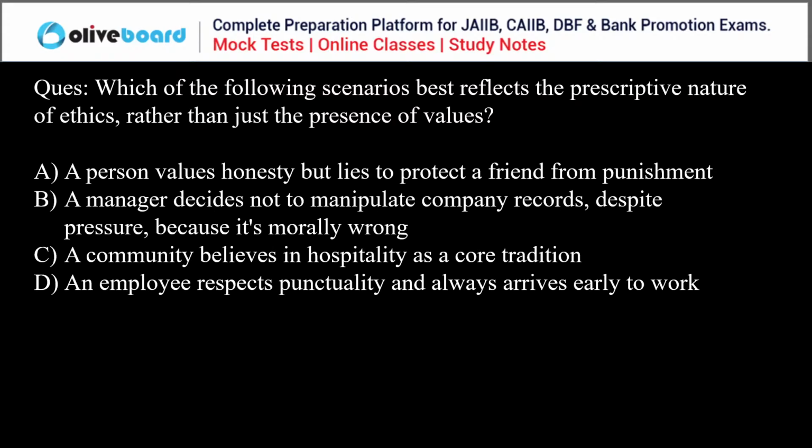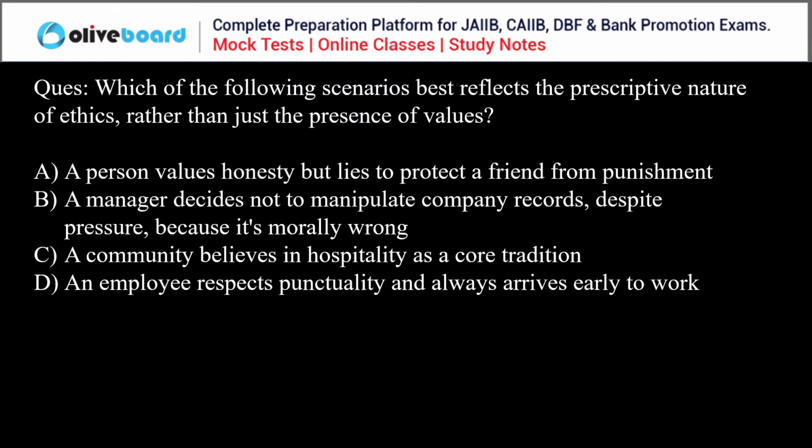So, first, a person values honesty but lies to protect a friend from punishment. That is a conflict between values. It is not a prescriptive decision, right? So A cannot be the answer. Then B, a manager decides not to manipulate the company's records despite the pressure because it is morally wrong.